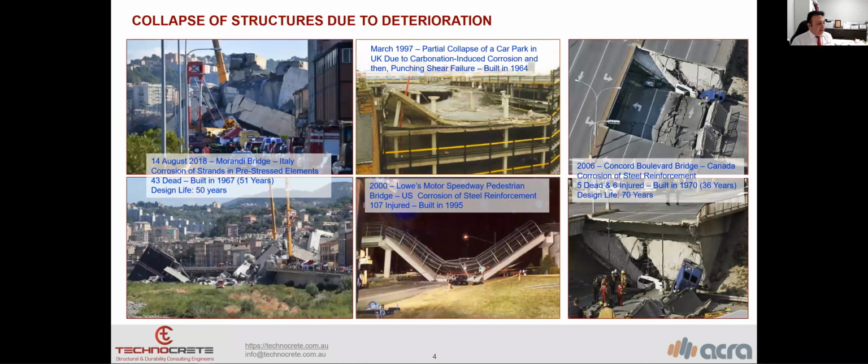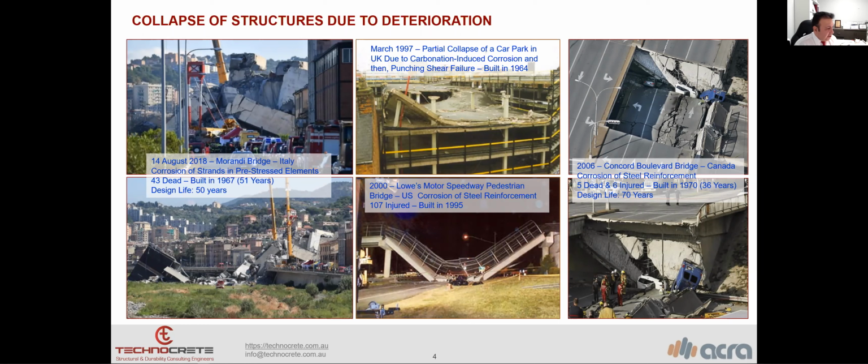For example, I'm presenting some of the collapses of bridges and a car park due to deterioration of materials, and they can be classified as durability problems, but as you can see, they are structural problems in the end.